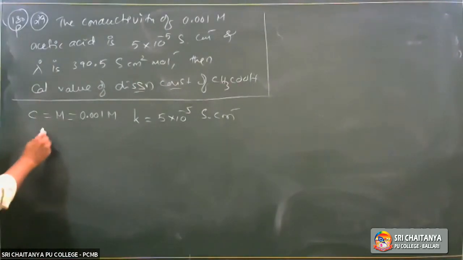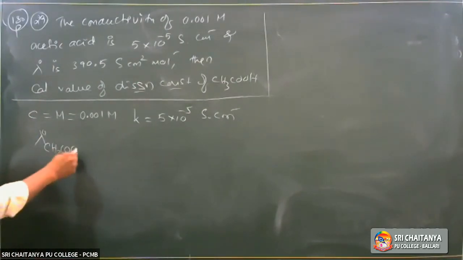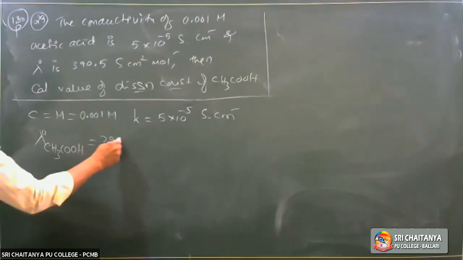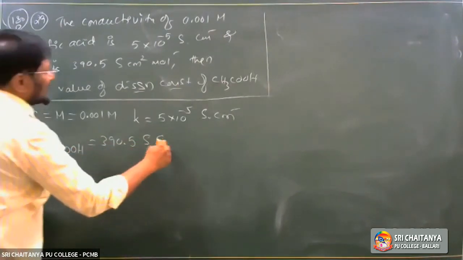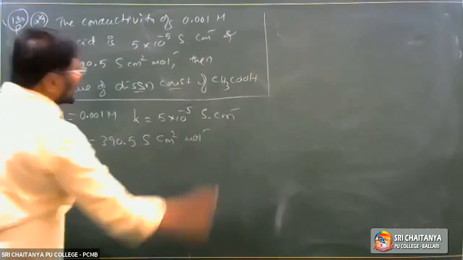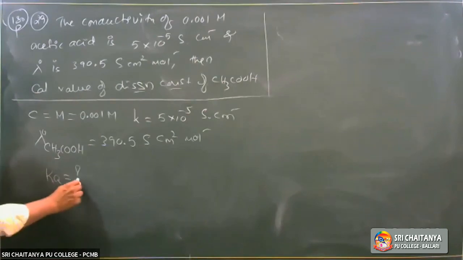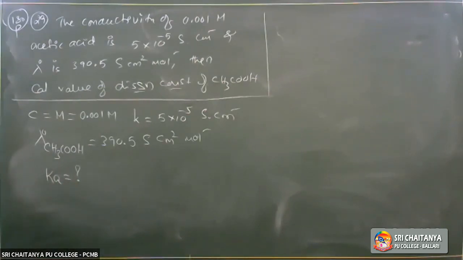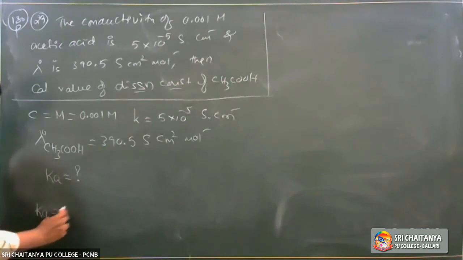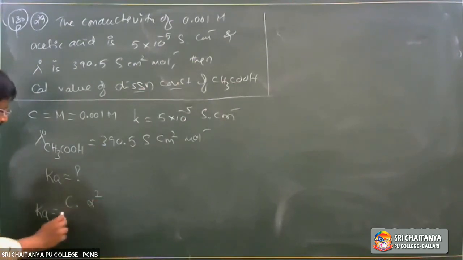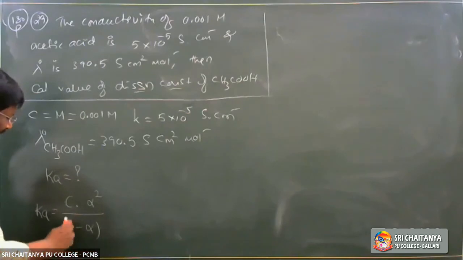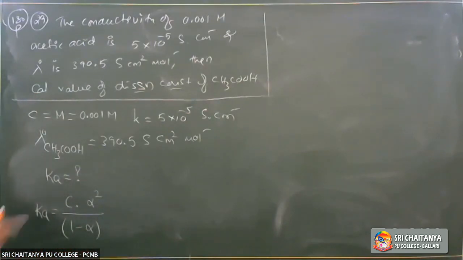Then lambda infinity is also given: 390.5 Siemens centimeter square mole inverse. Then Ka is the question mark, which we have to calculate. For Ka we have the formula: Ka is equal to C alpha square by 1 minus alpha. C is already given, but alpha we do not know.